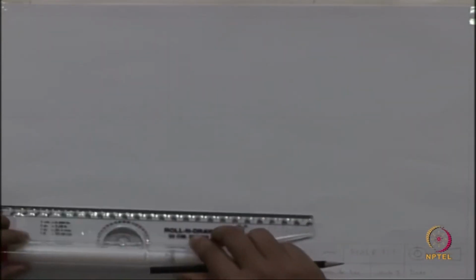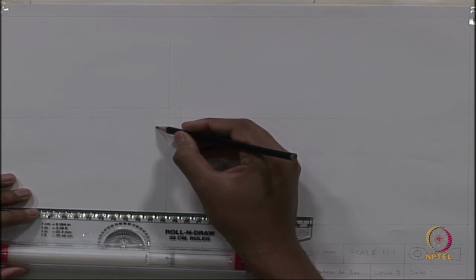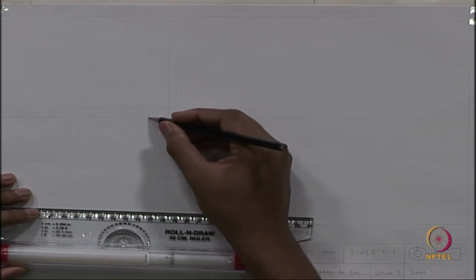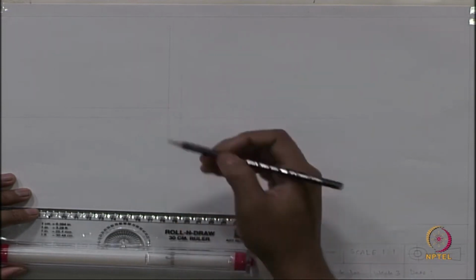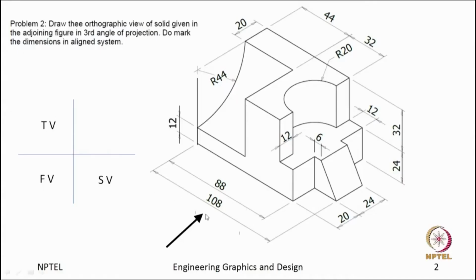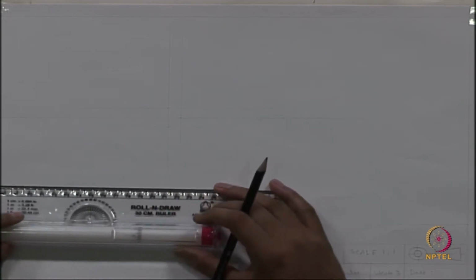I will maintain a distance of at least 10 millimeter while making the views. The views will not be exactly on the reference line. I will maintain a distance of 10 mm or you may maintain 20 mm. We needed a space of 108 length and the height is 56. So, 108 by 56 a space is needed.